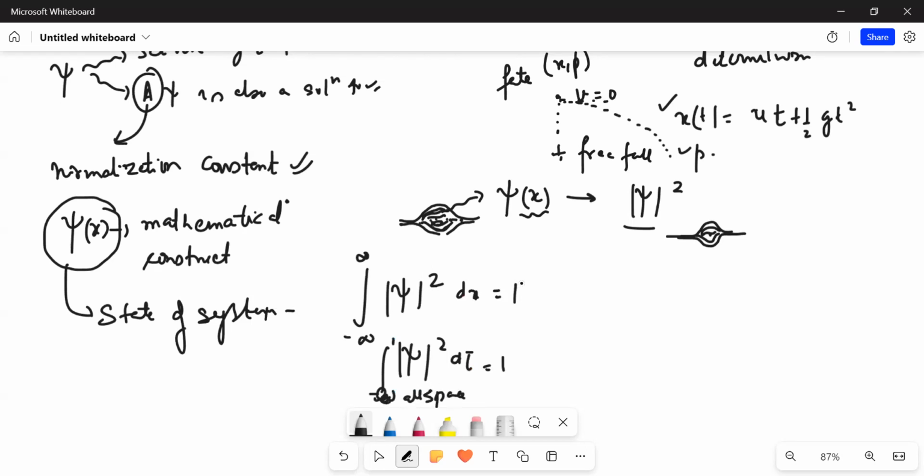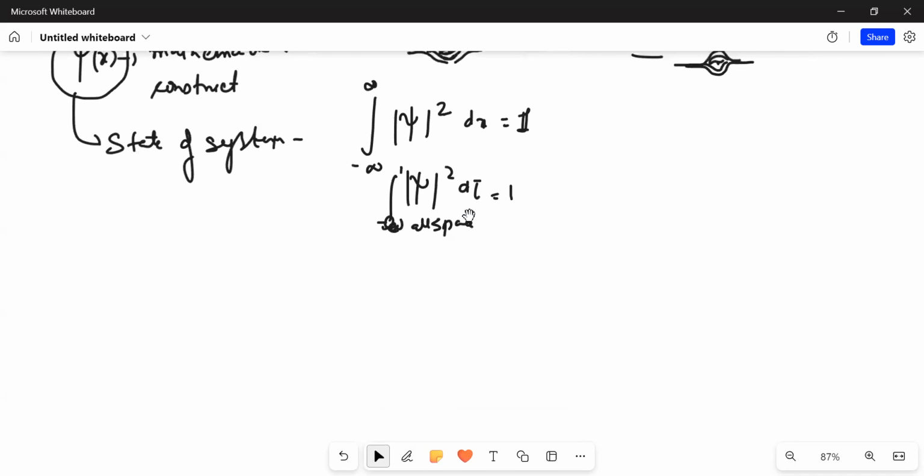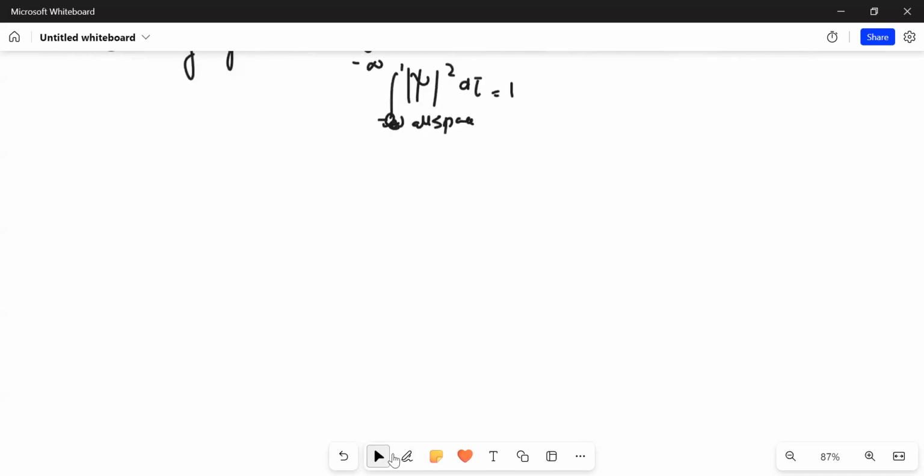If I'm saying that the particle is somewhere in the space, it is a certain event, which means somewhere I have to find it. So this particular thing should be unity. If I use this condition, I'll be able to find this A, and this A is called the normalization constant.